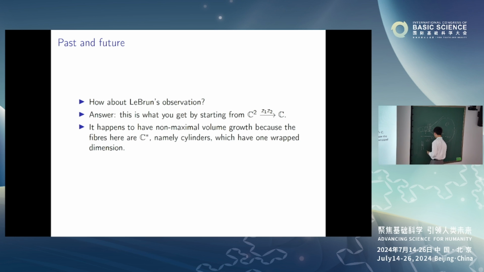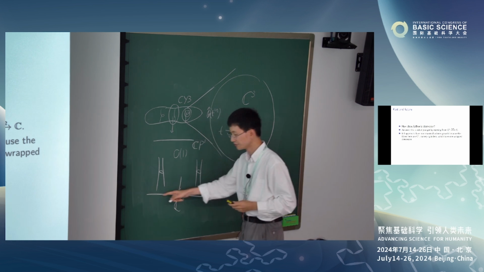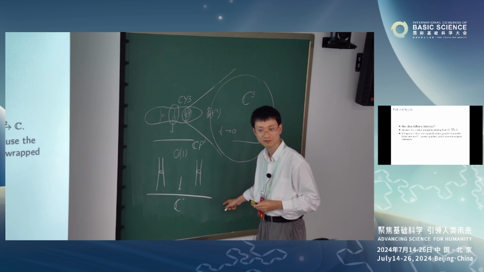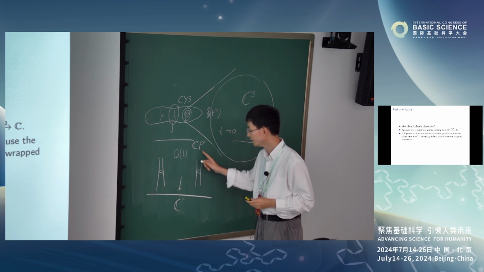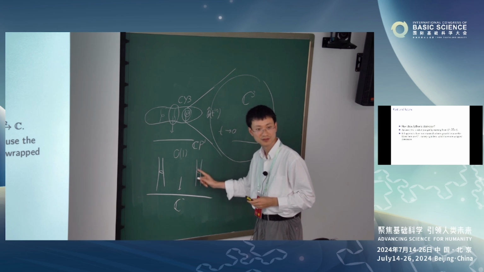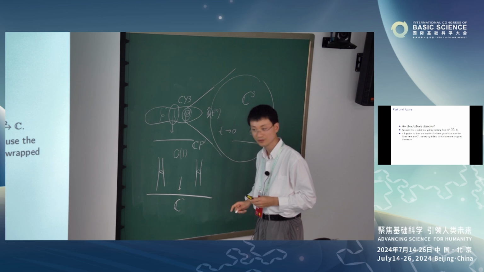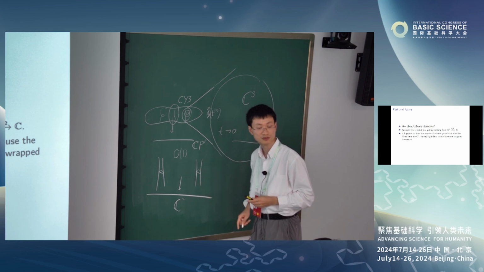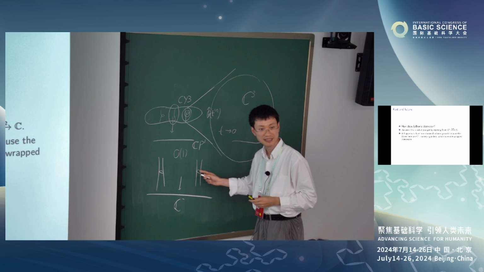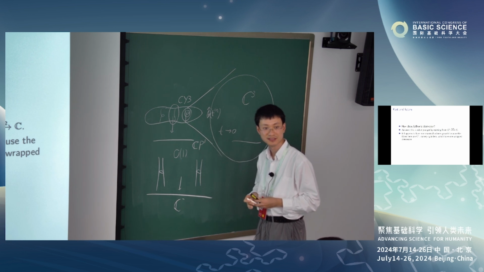There's a C direction, which gives rise to 2 dimensions of volume growth. Now, along the fibers, there's 1 more. So there are altogether 3 directions of volume growth, but the circles don't grow at infinity.